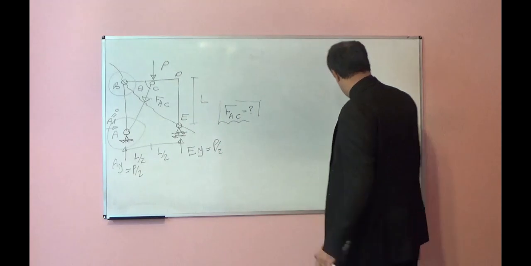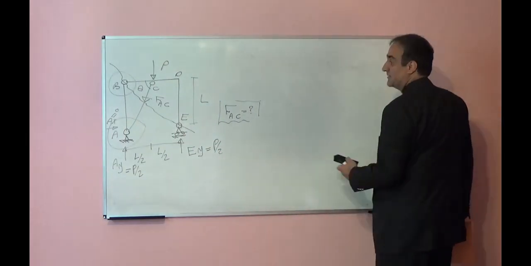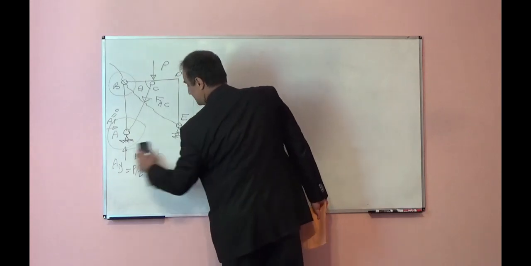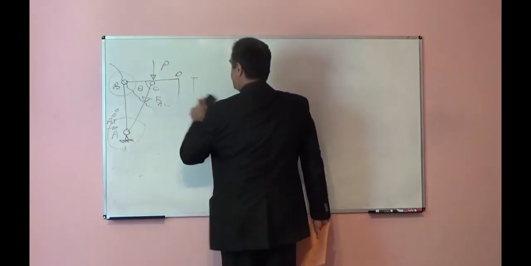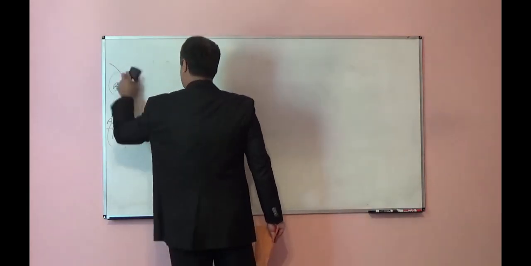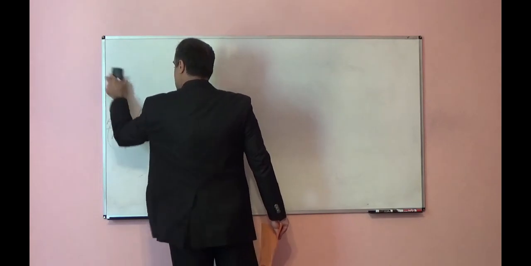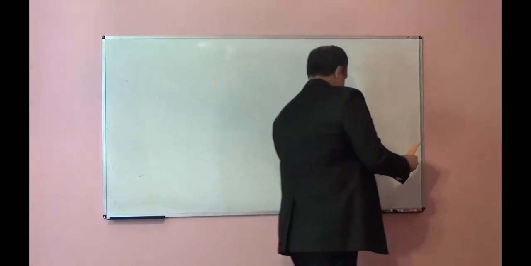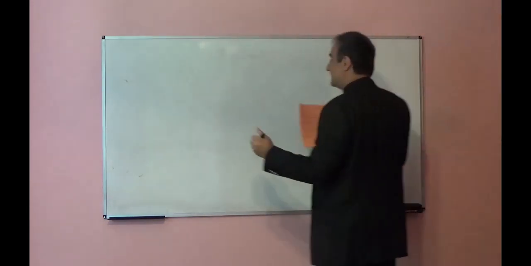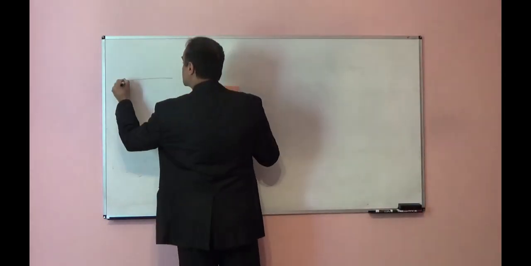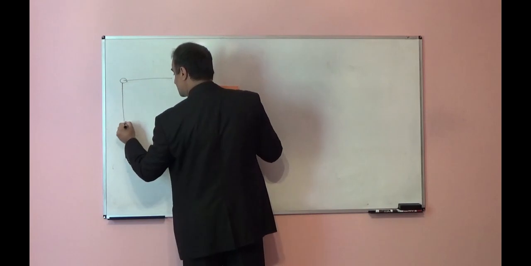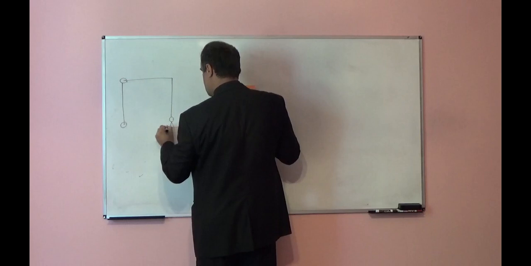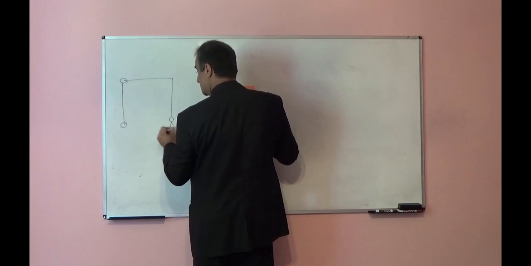First example, we have this frame. Let's draw the picture from the beginning, that will be better. First example, we have a frame here. This is a roller support.